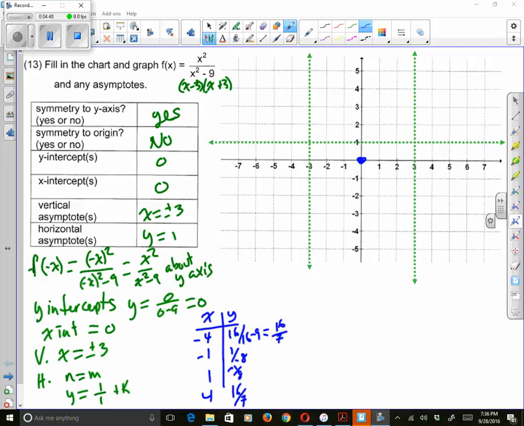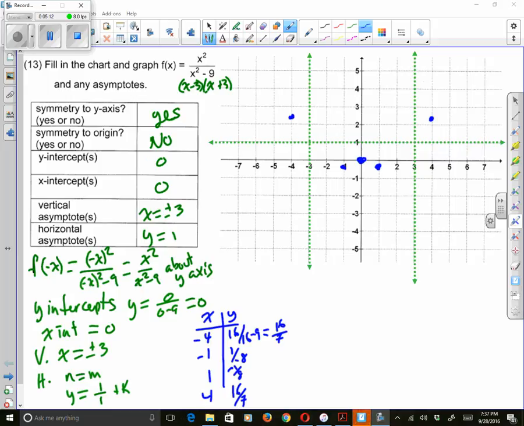As we plot these points, we're going to get -4, a little bit more than 2, +4, a little bit more than 2, negative 1, negative 1/8. It's going to go here, positive 1, negative 1/8. So this is our graph.